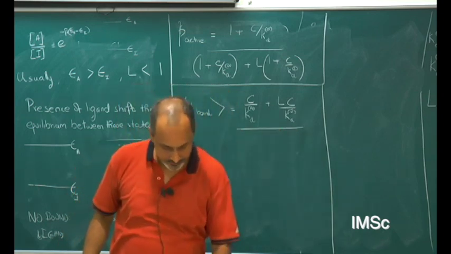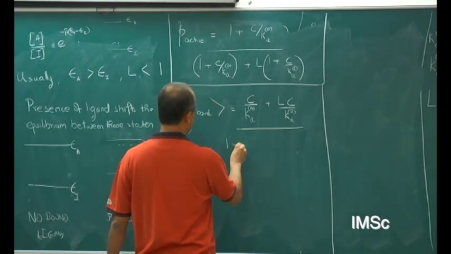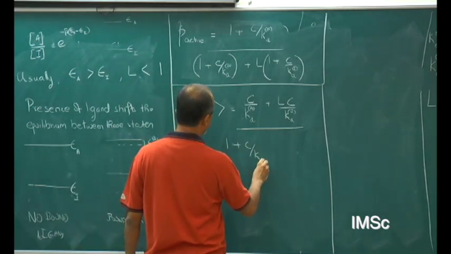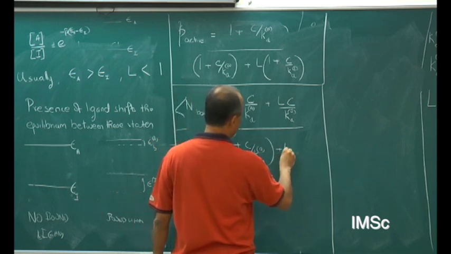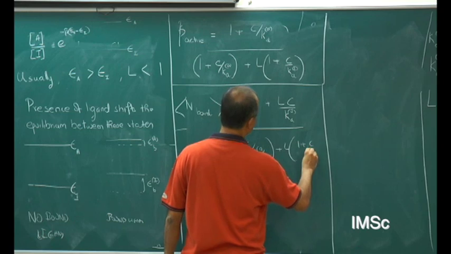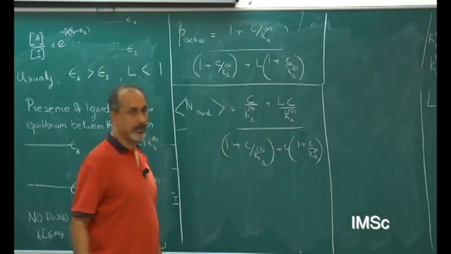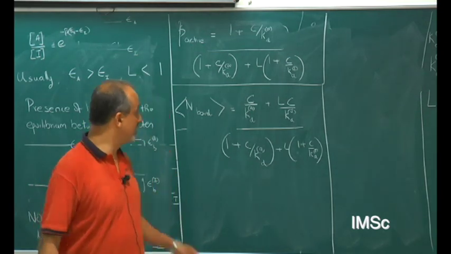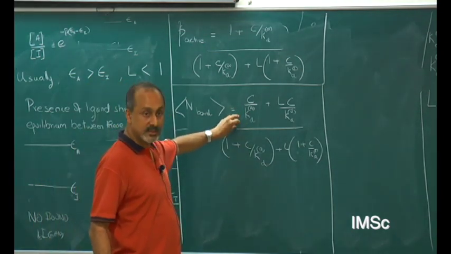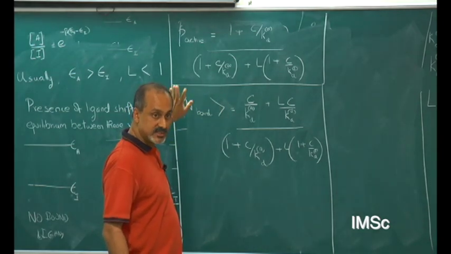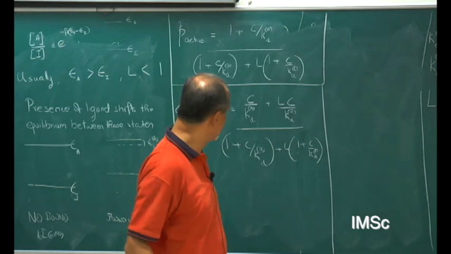Let me just check that. Yeah. Divided by the same normalization as here, which is 1 plus C divided by Kd active plus L times 1 plus C divided by Kd inactive. Okay. So this is just choosing 2 different things here. This is only those states which have a bound ligand and asking what is the fraction of those states in which that ligand is bound. Both are bound. Hmm? Both.